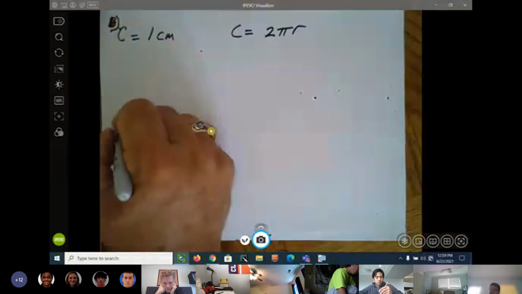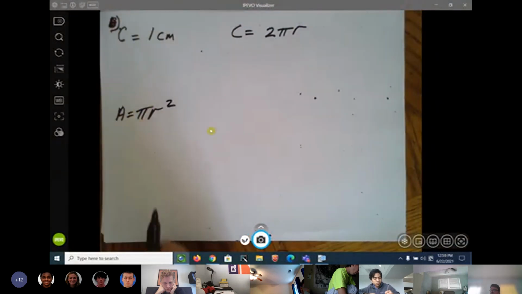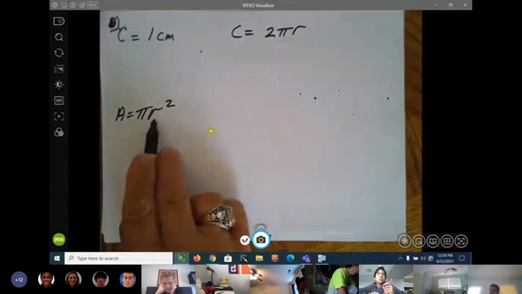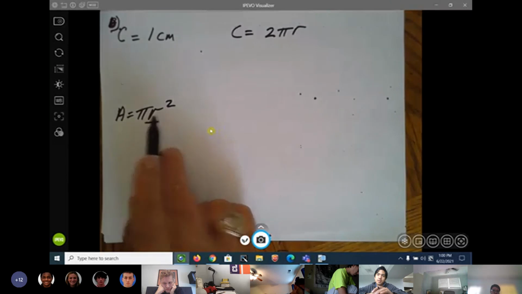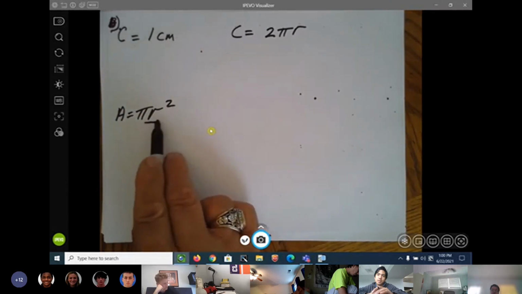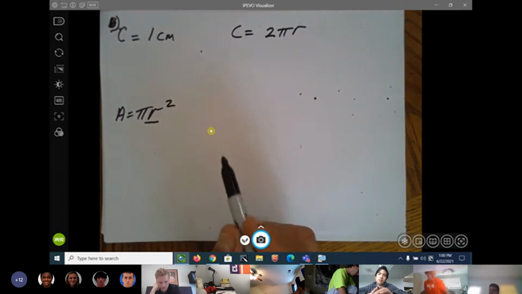Well, since we're using area is equal to pi r squared, what do we need to change circumference into? We need to change the circumference into what? Radius.